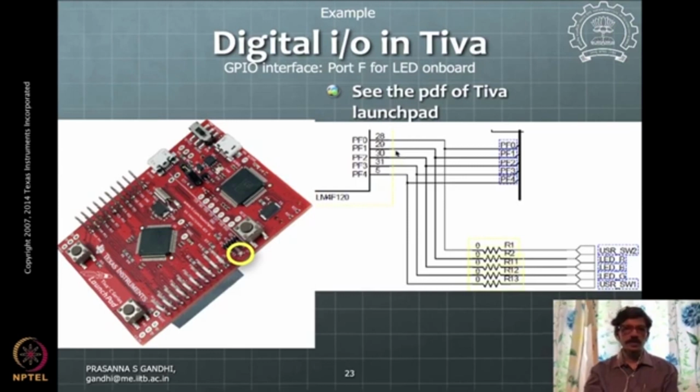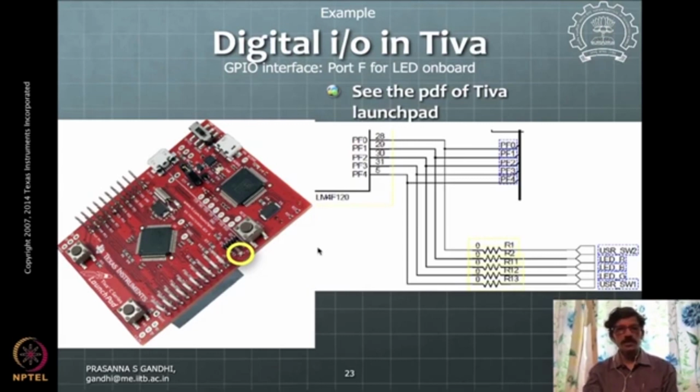The connection pin diagram is shown in the TIVA datasheet. Now, this is the F port, but there are some other ports available on these pins. Interestingly, this is very compact and a more modern ARM architecture, as we saw, based microcontroller interface for these digital input outputs.